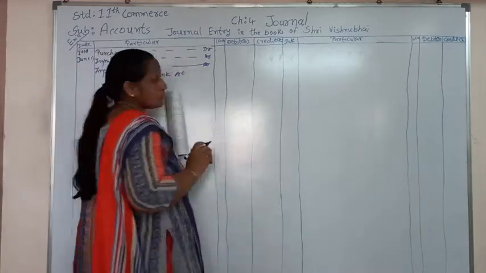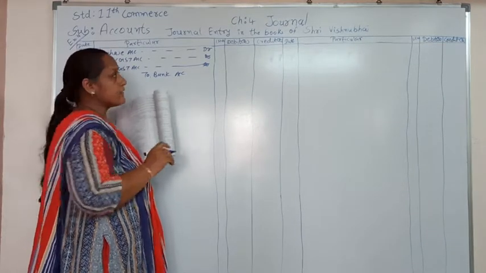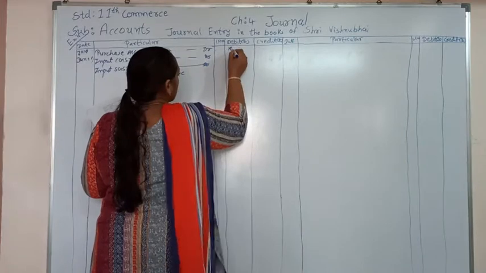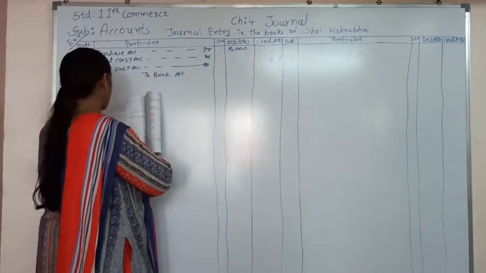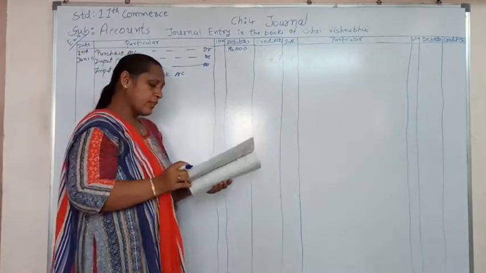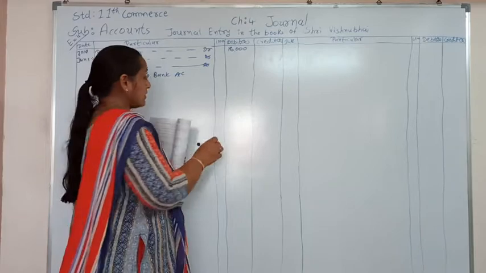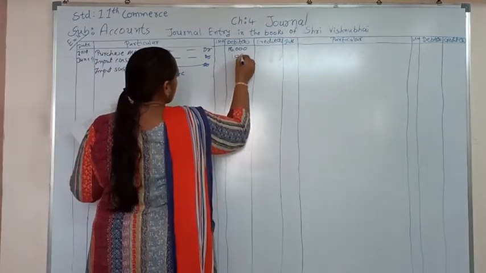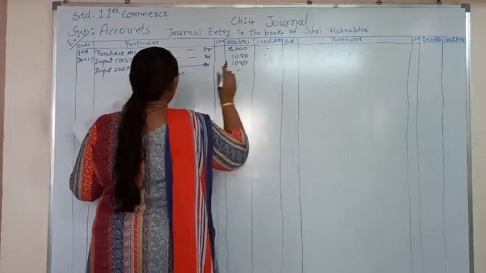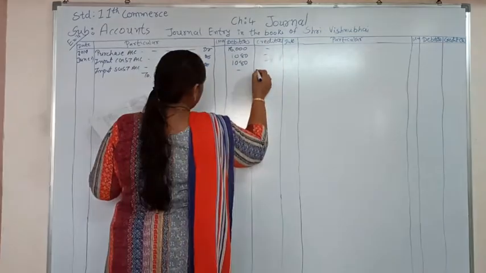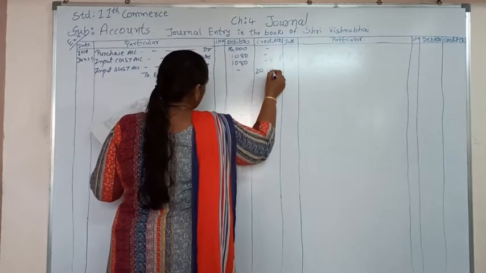Here, see, 20,000 goods and 10% trade discount, so that will be 18,000. So goods is of 18,000 and the GST rate is 6%. So 6% of 18,000 will be 1,080, and the total paid by bank will be 20,160.